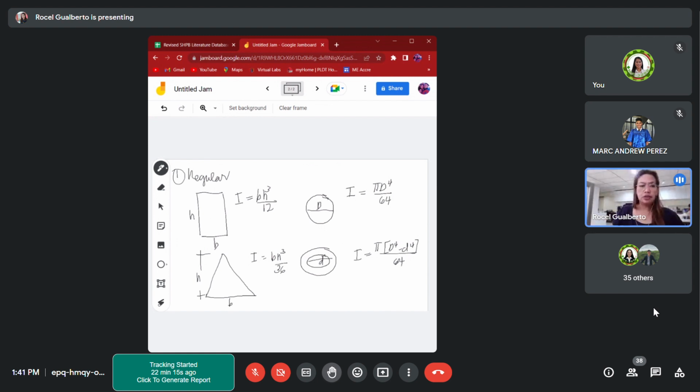So if it is symmetrical like this, the neutral axis is usually in the middle. If it is symmetrical, the neutral axis is always in the middle. Now, once you have seen the neutral axis, the next thing to do is to determine the distance of the neutral axis to the top and its distance from the bottom. So you find these two distances, from the neutral axis to the farthest at the top and from the neutral axis to the farthest at the bottom.